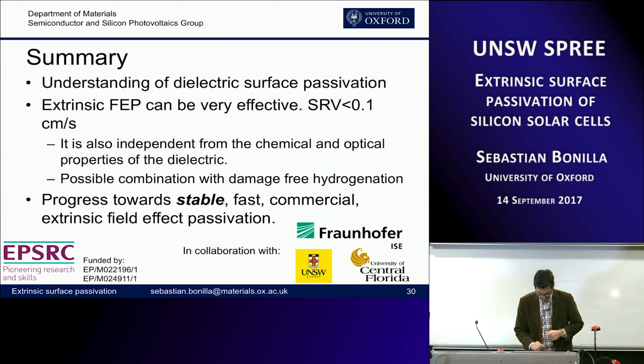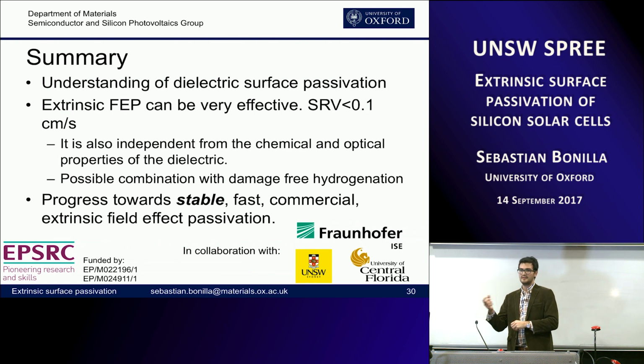Okay, so just to summarize, I've told you a little bit about the understanding of the dielectric surface, the dielectric silicon interface, and the things that we've sort of understood over the past few years. I've shown you that by doing this comparison of the difference between the intrinsic and the extrinsic components of surface passivation, we can actually exploit the extrinsic surface passivation by doing different methodologies, different processing to our films after they've been deposited.